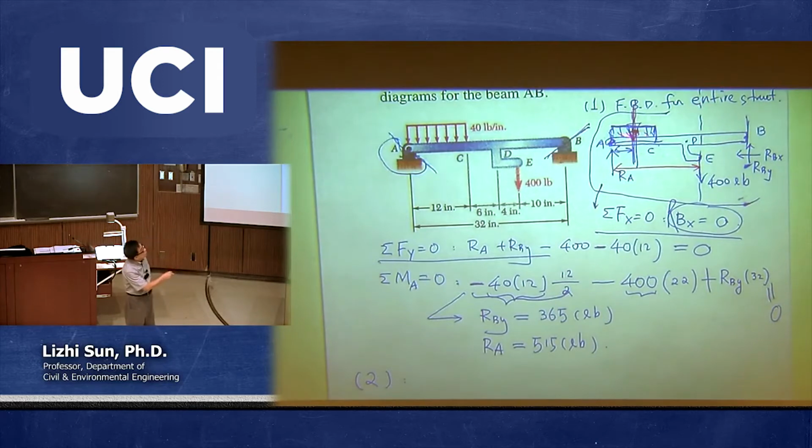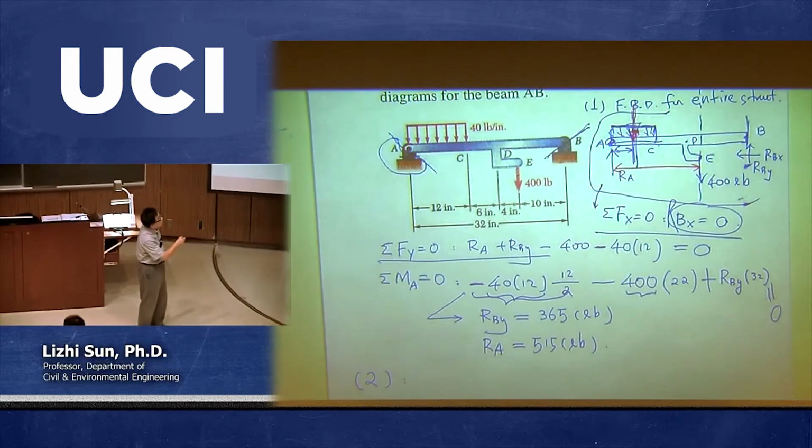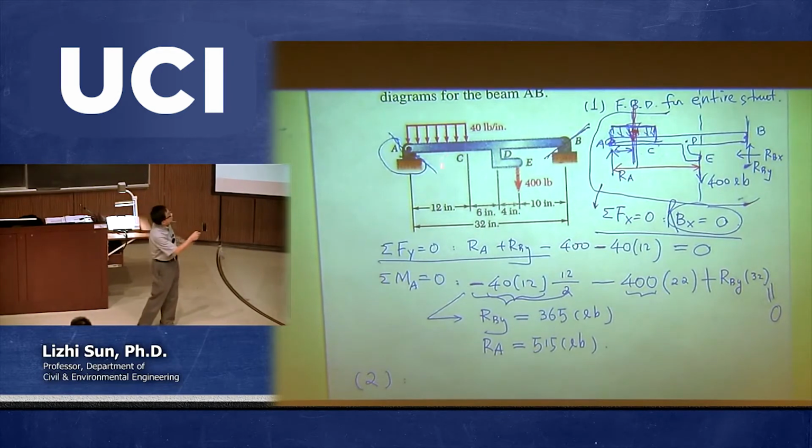So that's why you should not use a virtual concentrated load acting on here and then determine, okay, I need to cut somewhere between A to this point, and then I need to make another cut between this point and C. That's totally wrong, okay? Because in reality, if you have a concentrated load acting on here versus a uniform distributed load acting on here, they are two different concepts. The reason we make the equivalence after we plot the free body diagram is for us to calculate the reactions.